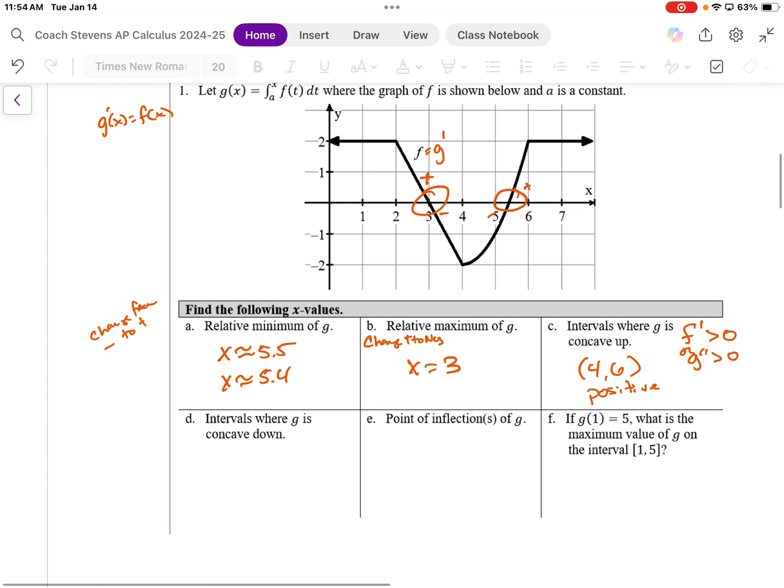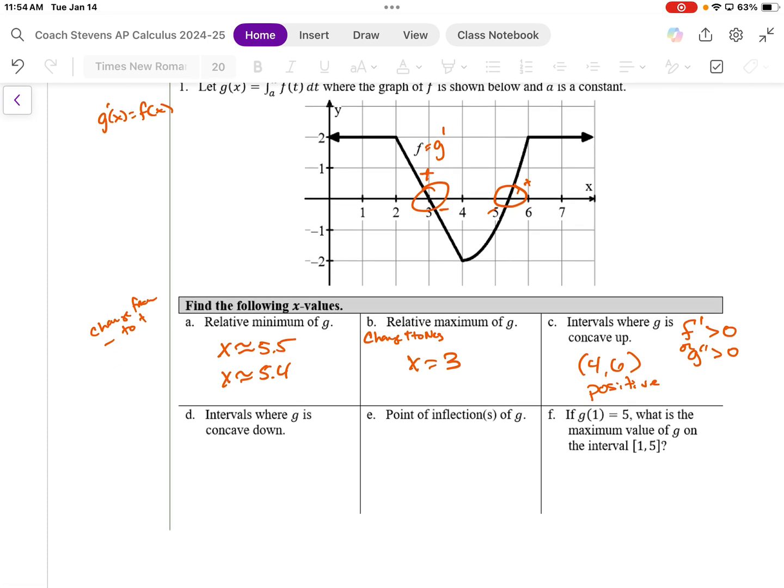Where is it going to be concave down? That would be when f prime is less than 0. So where is the slope negative? And that would be from 2 to 4, I think is what I heard you say. Thank you. Where is there a point of inflection?